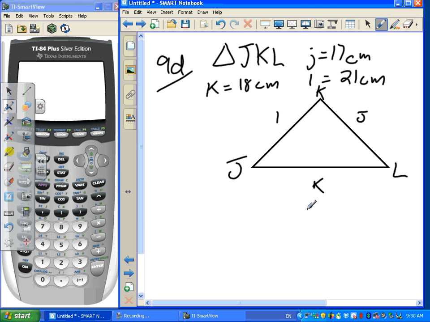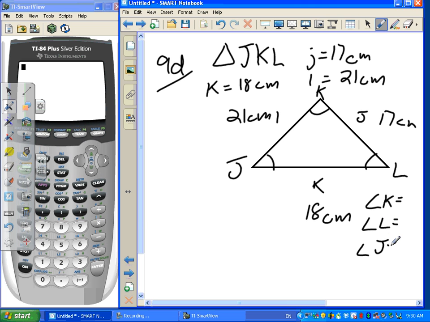We have K is 18 centimeters, L is 21 centimeters, and J is 17 centimeters. They want us to solve the triangle, so what are we looking for? Every angle. They want us to solve all angles, so I'm looking for angle K, L, and J.